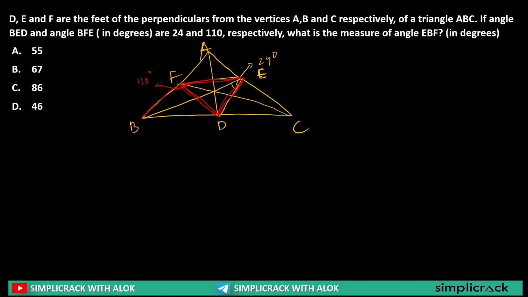Now see, here you need to remember one thing. If we join the feet of all the altitudes, then the incenter of this whole triangle will be at the same place as the circumcenter of the bigger triangle.